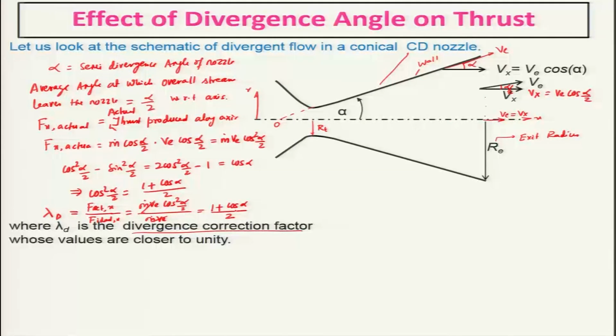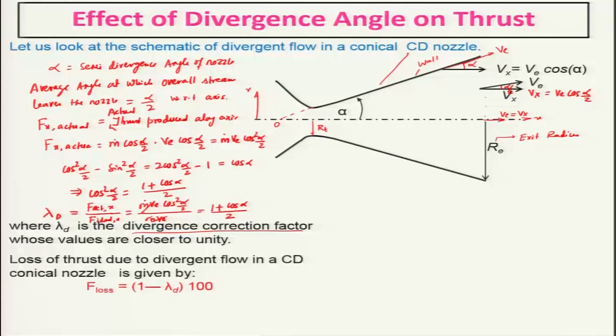Keep in mind that the loss of thrust due to the divergent flow in a conical nozzle can be expressed as F loss, which is equal to 1 minus lambda, times 100%.